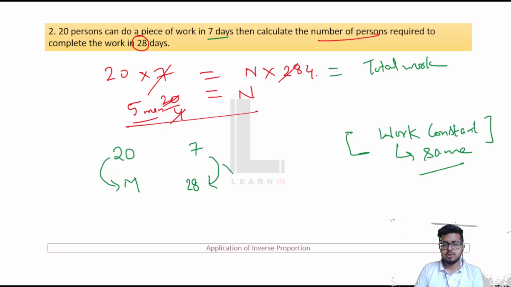So what have we done? We have multiplied this by 4. So the number of men would decrease to 1 upon 4. We would multiply this by 1 upon 4 and we would get 5 men as the answer. This is the shortcut. We did not need to do all this work. We just saw that it is 4 times and we just multiplied the answer with 1 upon 4.